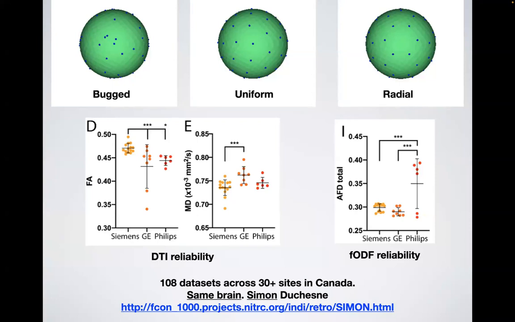So if you're developing new code and you want to say, is my hippocampus volume segmentation robust? Grab this data and check if Simon's hippocampus is robust. Of course, he's aging in time, though. There's probably a 5-year age gap between the first scan and the last scan, but I was shocked to see this when I started creating maps.